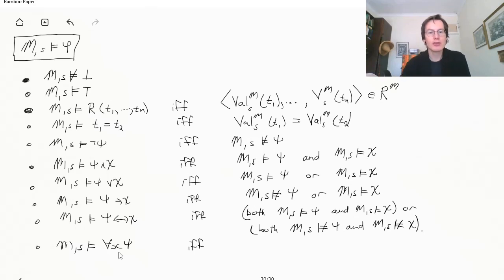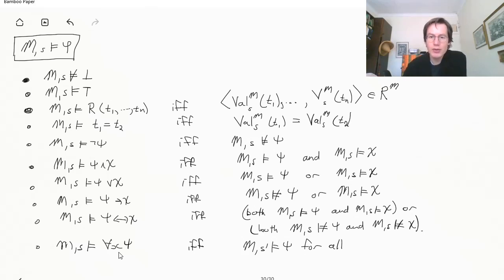And this is where the notion of an x variant that we defined on the previous slide comes in. So this is going to be the case if and only if in the structure M relative to S prime, psi is satisfied, and this is for all x variants S prime of S.